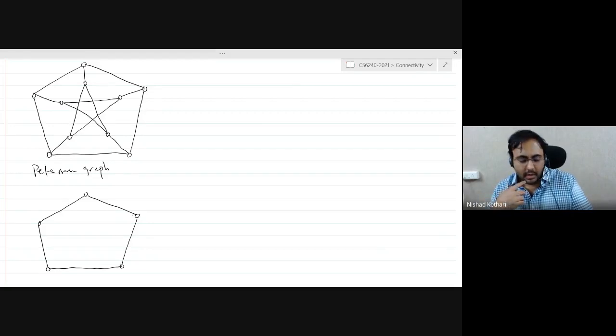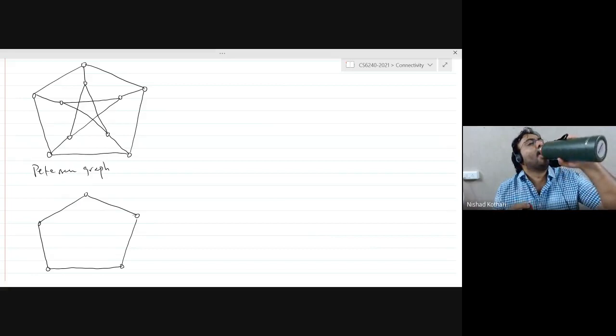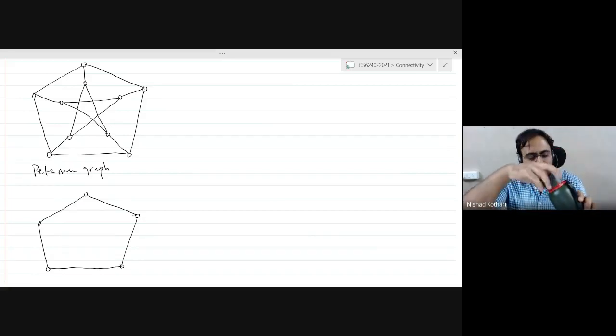But once you go beyond that, cycles are in some sense the only minimal non-separable graphs. You cannot remove anything from them to keep them non-separable. If you remove any edge from a cycle, then the graph will no longer be non-separable.